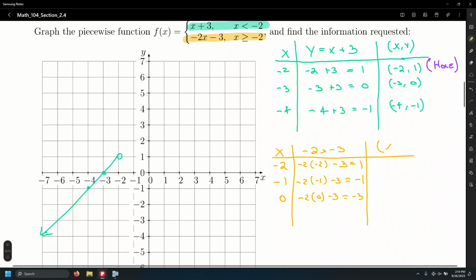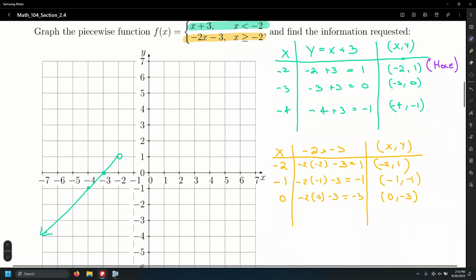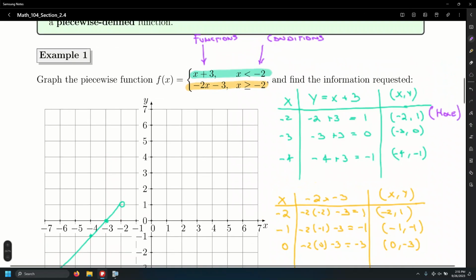Now, this is going to give us a few ordered pairs to plot. That is negative 2, 1. And then negative 1, negative 1. And 0, negative 3. Right? So let's plot those points. However, check this out. Because negative 2 is allowed to be on the graph by the condition, because it says greater than or equal.